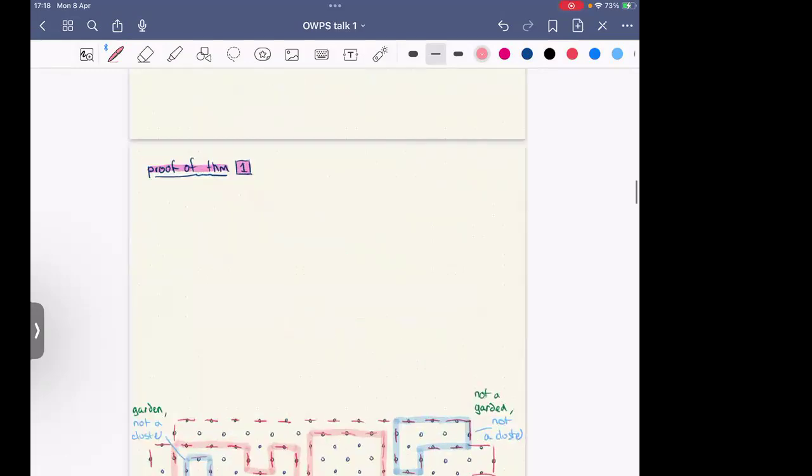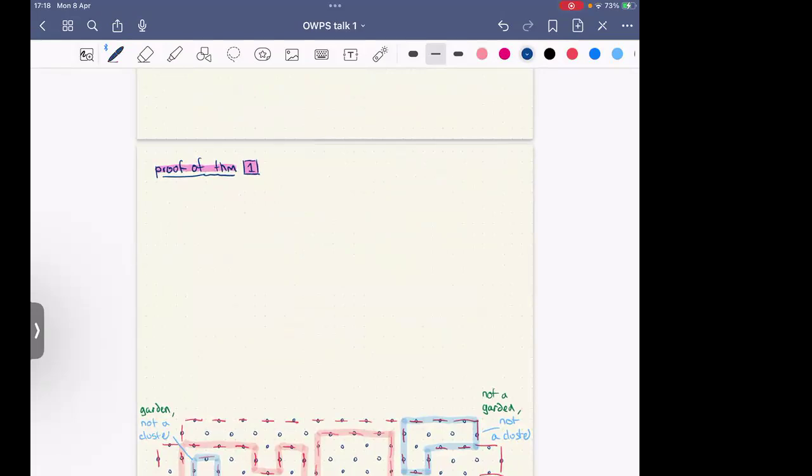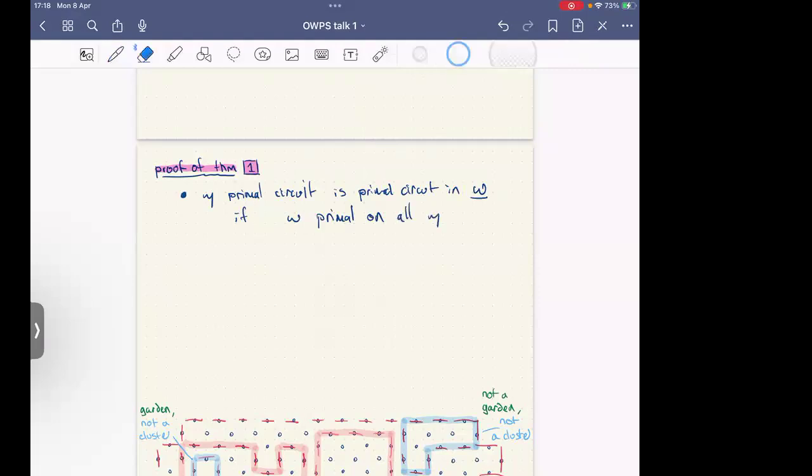So proof of theorem one, I'm going to need some more definitions. So first of all, some gamma, which is a primal circuit, we're going to say is a primal circuit in omega if omega is primal on all of gamma. Okay, so really if the edges of gamma appear in omega.